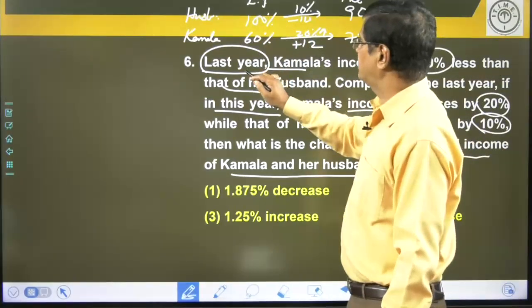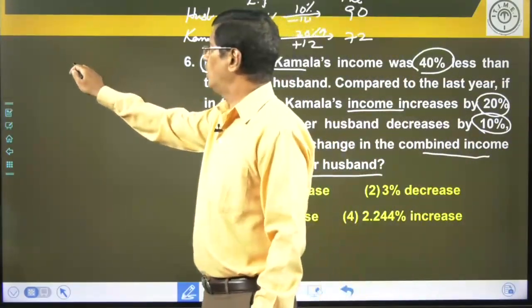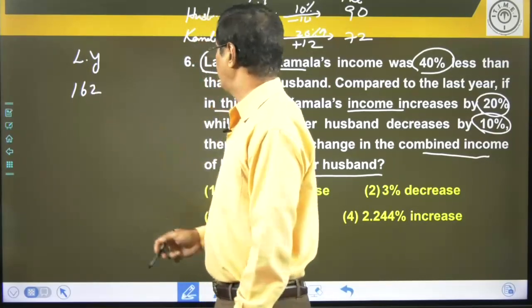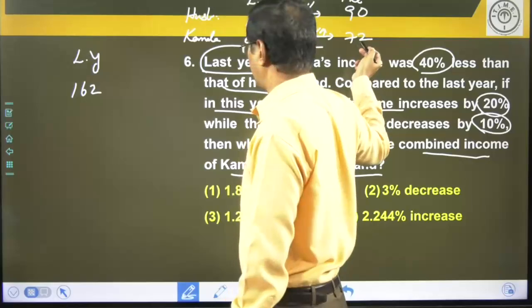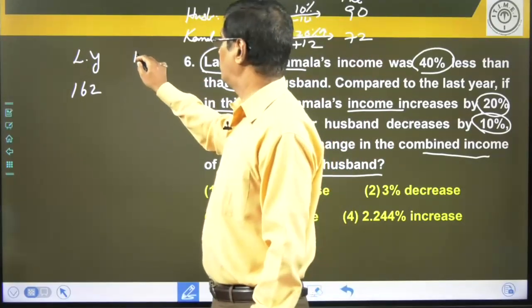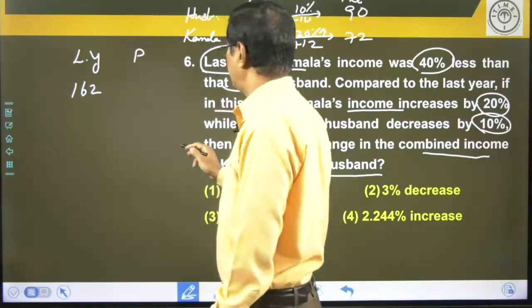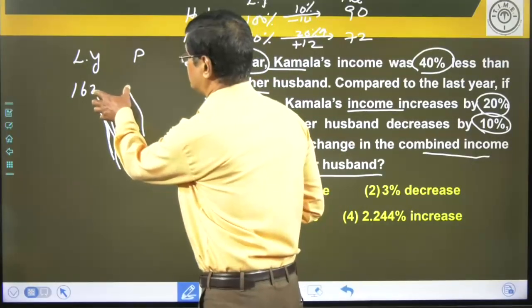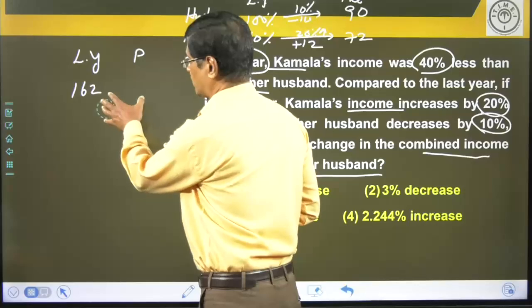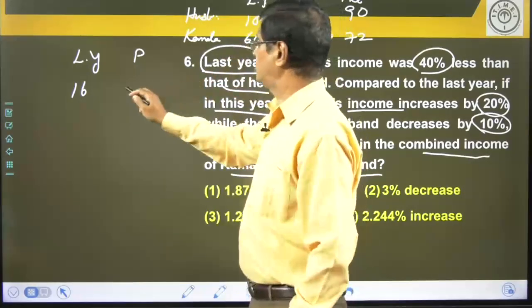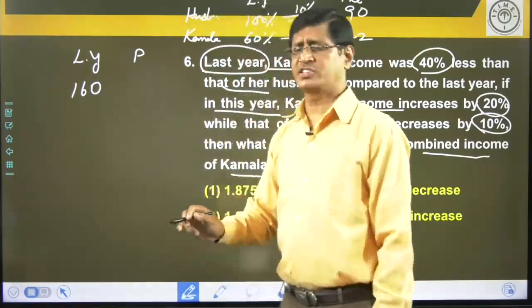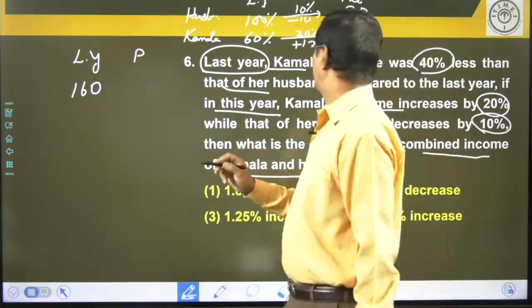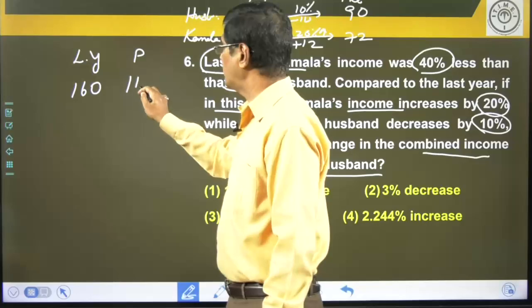Last year 100 plus 60. A small correction here. 100 plus 60, that is 160. And present 90 plus 72, 162.